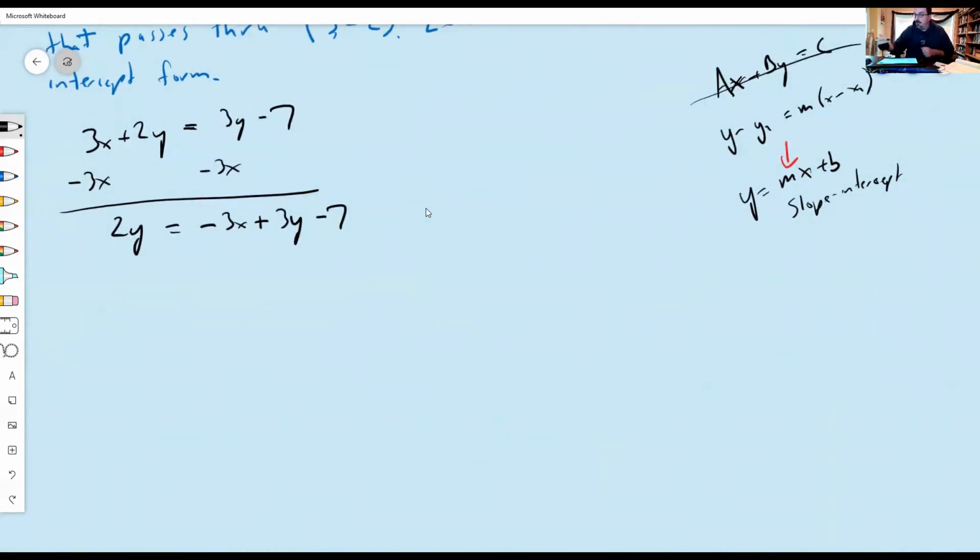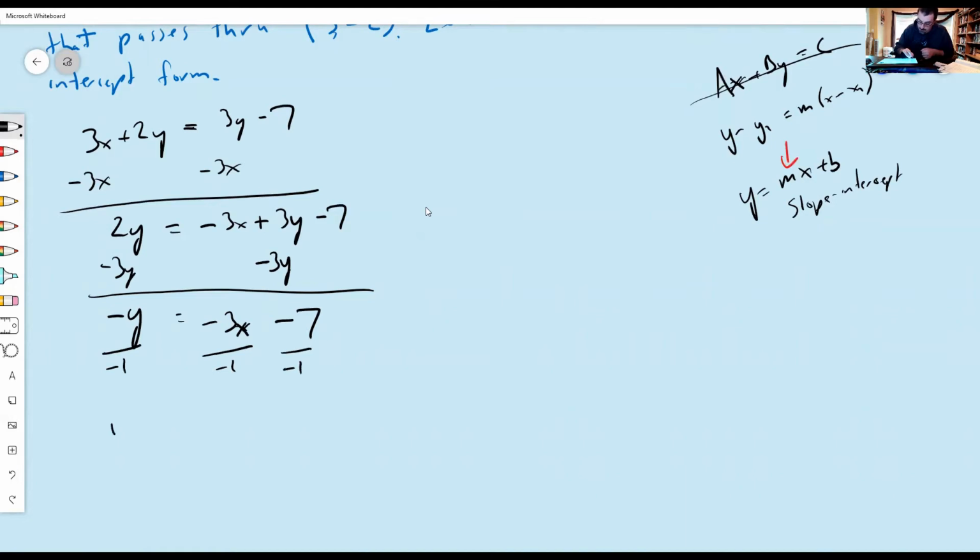Now for y equals mx plus b, y is on one side, everything else on the other. So this last y needs to move, the 3y needs to go to the other side. So minus 3y: minus y equals minus 3x minus 7. I want just y, so we're going to divide by minus 1. Y equals positive 3x plus 7.